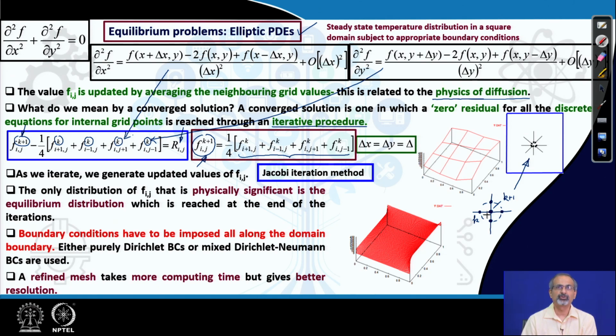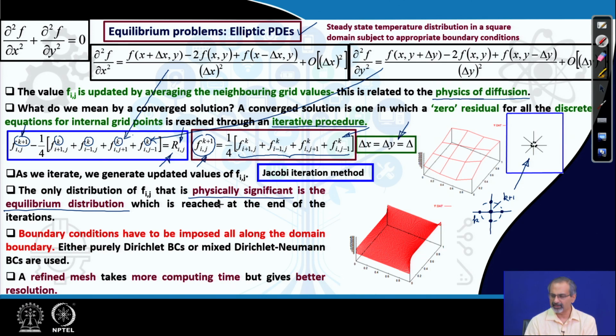So, here in order to obtain the solution, what we have to do is iterate the solutions by updating them based on arithmetic average of their neighboring values. If you have an equal grid size along x and y directions, you have a simple form that you have over here, and through the iterations the residual will go to 0 gradually. So, as we iterate, we generate updated values of f i j, and what will matter finally, what will be physically significant, is the equilibrium distribution which you obtain at the end of the iterations.